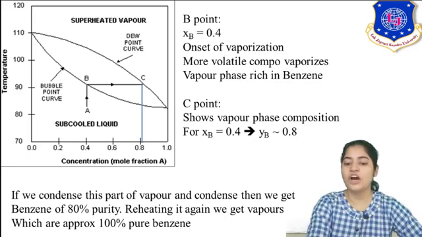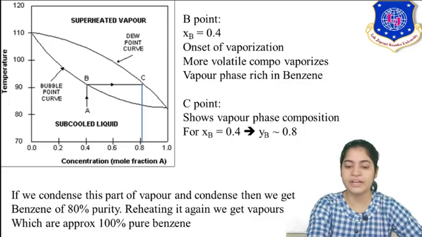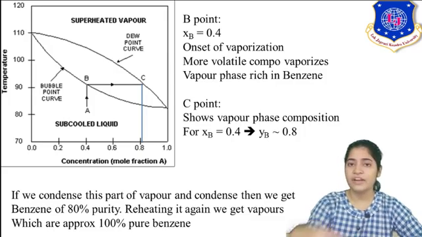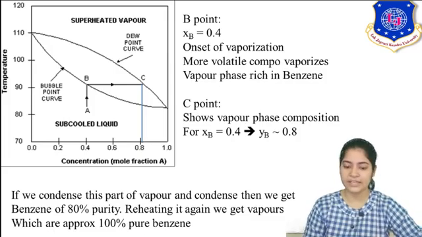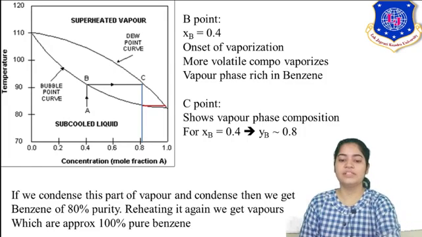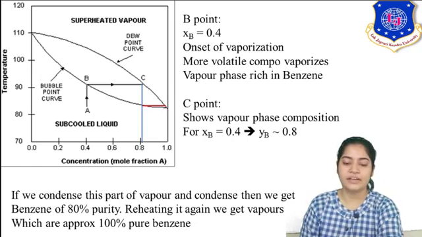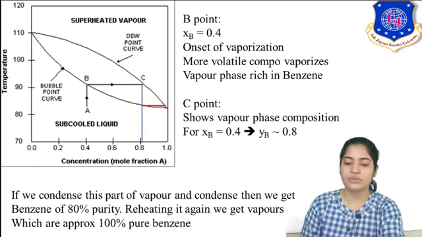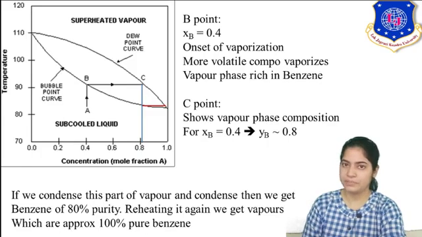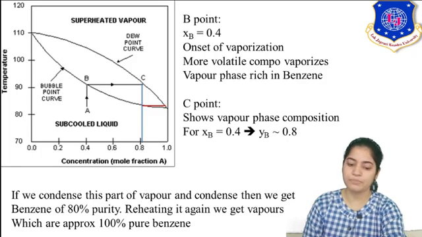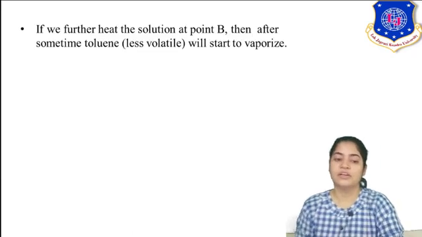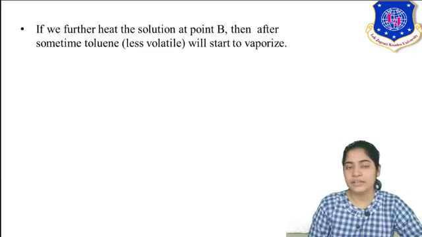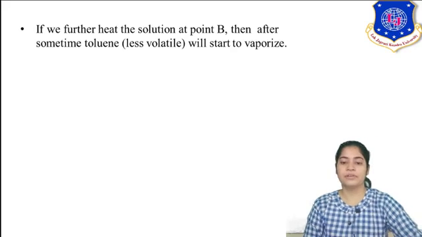So now my new liquid has benzene composition of 0.8. When I am again heating it, then you can see the red line. Now corresponding to the heating, I will get my vapor composition of approximately equal to 100%. So this way, in VLE you can see the equilibrium between liquid and vapor phase compositions. So that was about when I was heating liquid to vapor.